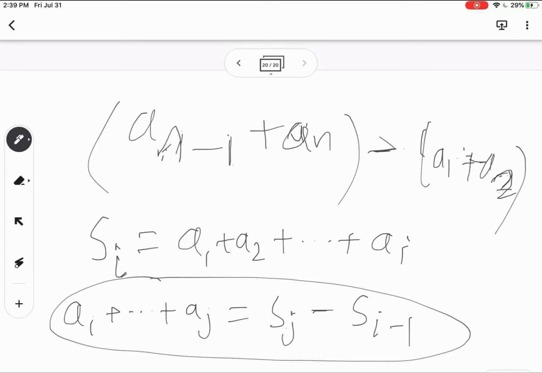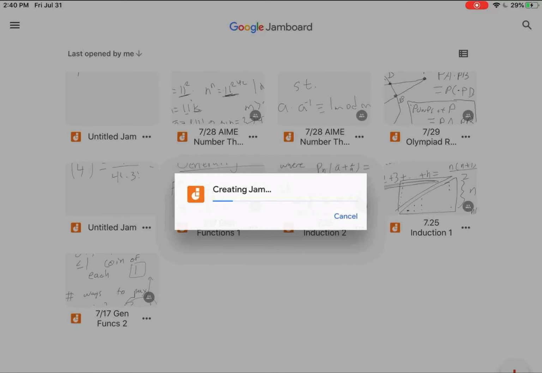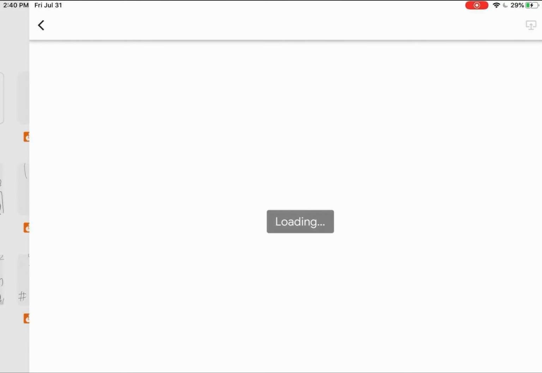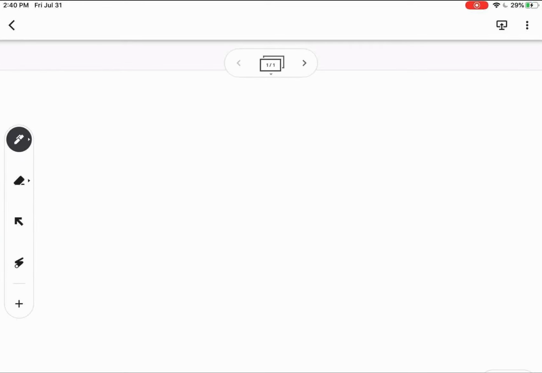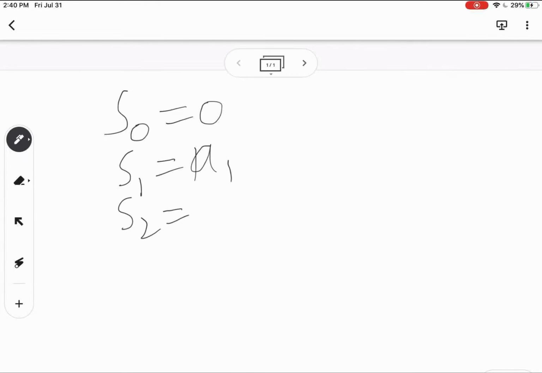I'm out of slides, so I'll create another one. For example, S0 would be 0. There's nothing there. S1 would be A1. S2 would be A1 plus A2, all the way to Sn equals the sum of everything. And we can use the same thing here, right?